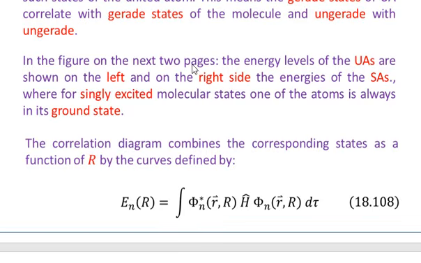In the figure on the next two pages, the energy levels of the united atoms are shown on the left, and on the right side the energy levels of the separated atoms, where for singly excited molecular states, one of the atoms is always in its ground state.